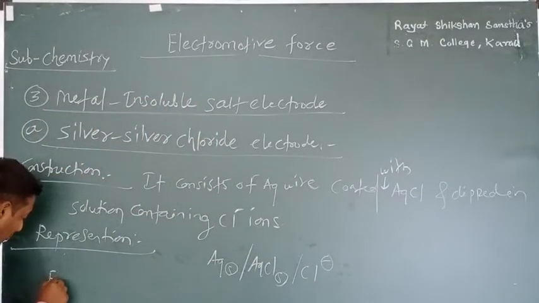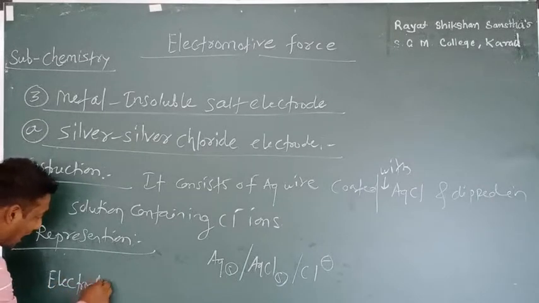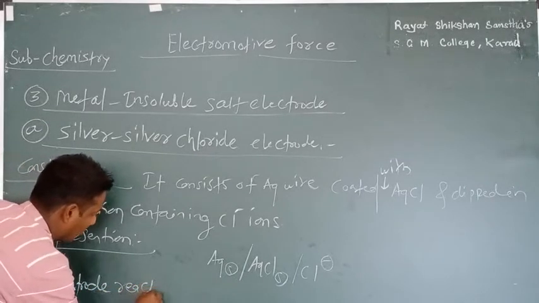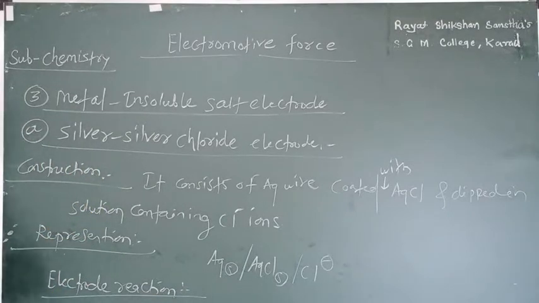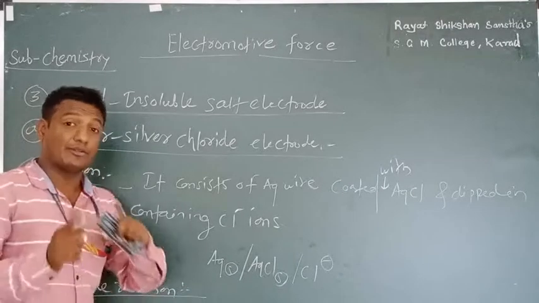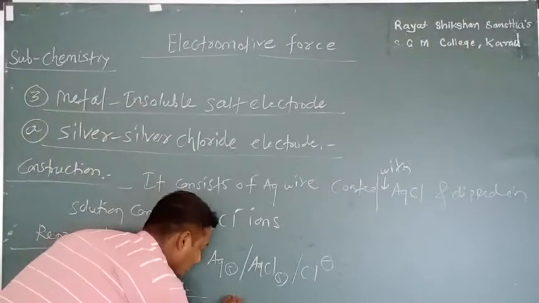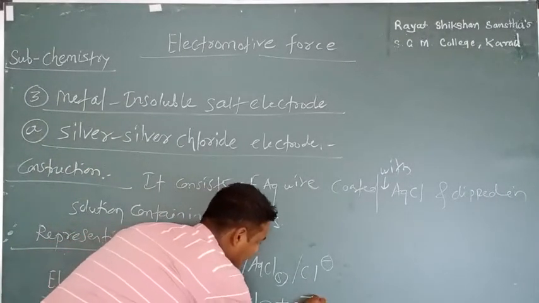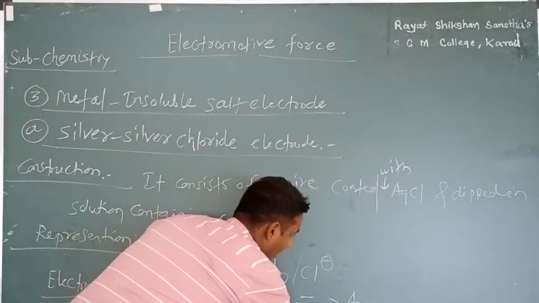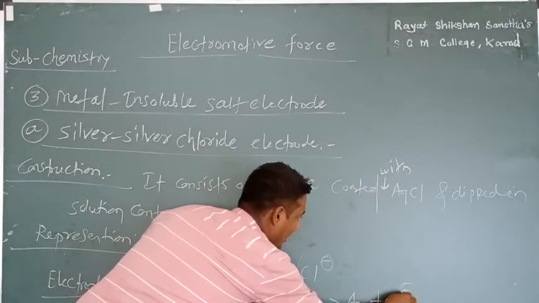Then electrode reaction, or you can say half cell reaction. So we are considering reduction potential, so we have to write down reduction reaction. Reduction means gain of electrons. AgCl plus electron gives Ag solid plus Cl minus.